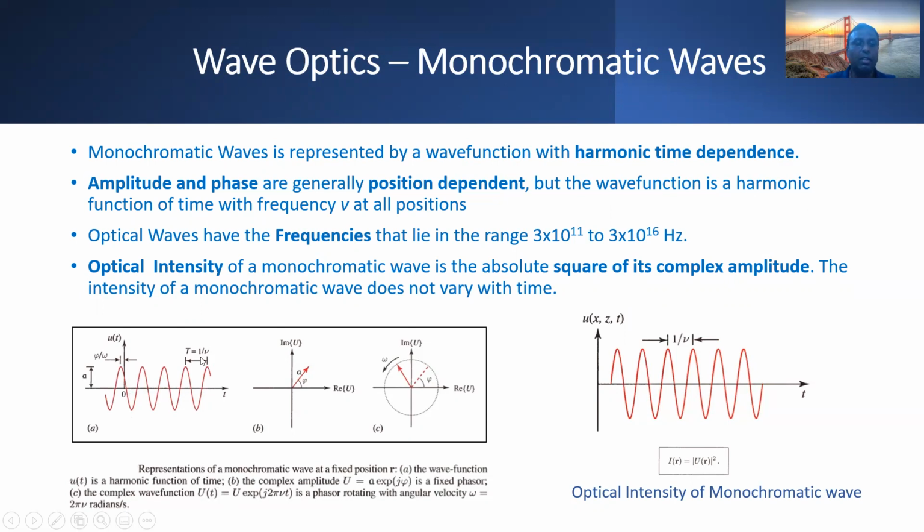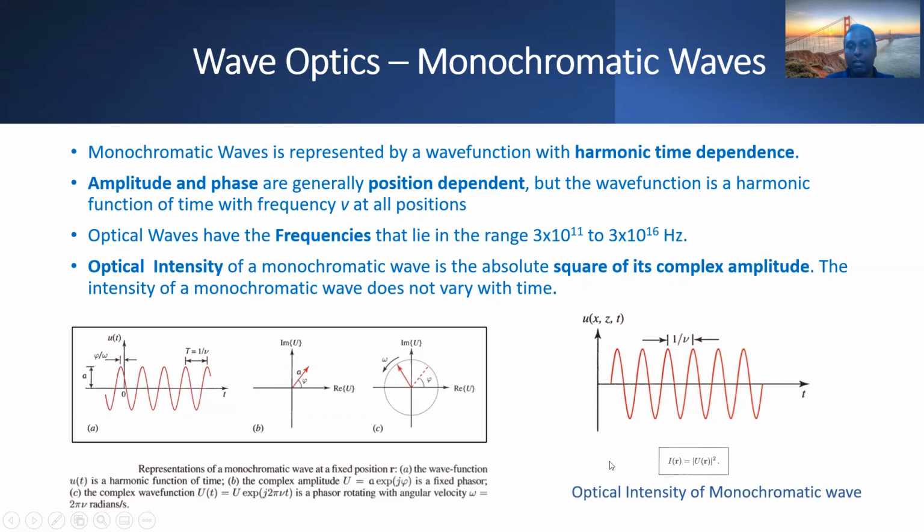where the period T is equal to 1 over v. The b is the complex amplitude U, given by a exponent j phi, which is a fixed phasor. And c is the complex wave function, given by U exponent j 2 pi vt. It is a phasor rotating with angular velocity omega, equal to 2 pi v in radians.